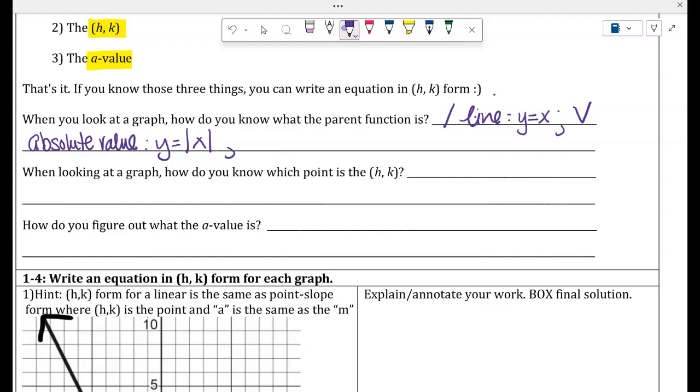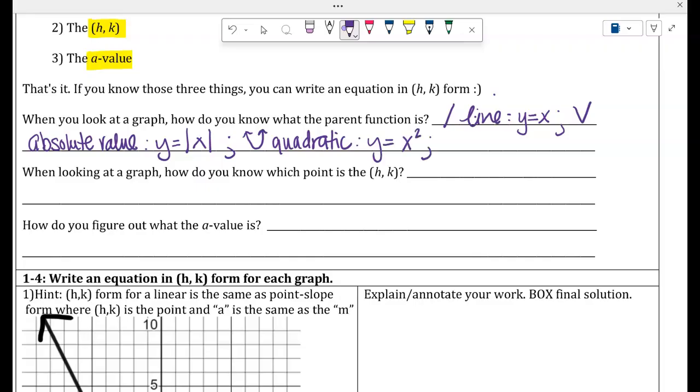Next, if you have a quadratic, that means it's a U shape, up or down. This is what we call a quadratic. Then the parent function is going to be y equals x squared.